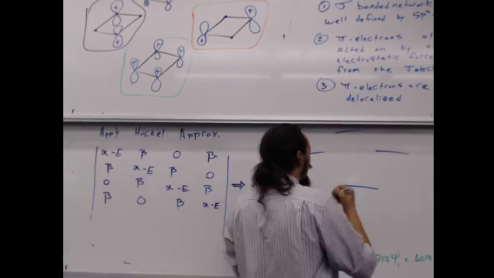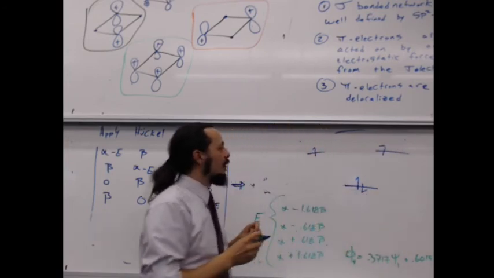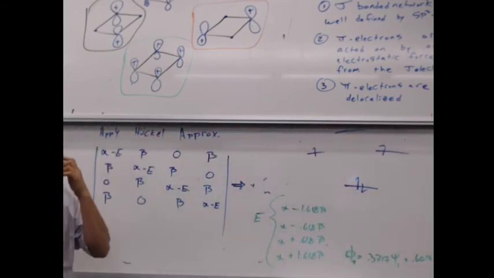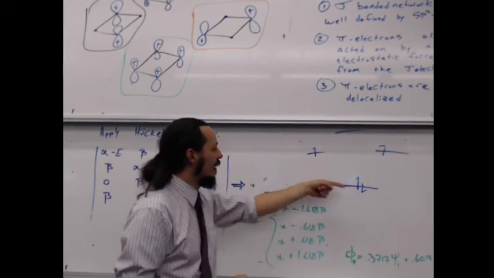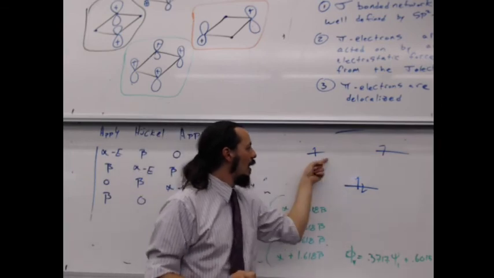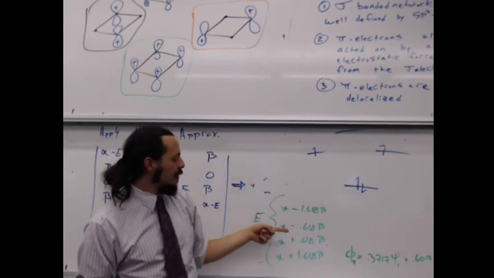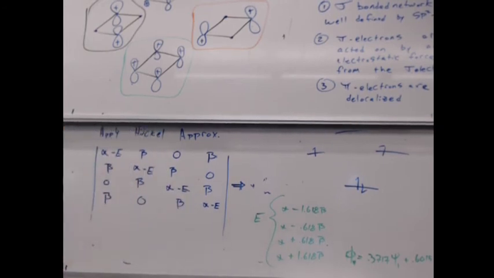I'm going to end up with 4 electrons in it, 1 pi electron from each carbon. And then I can calculate how much energy is in those by saying this is going to be 2 times that energy plus 1 of that energy plus 1 of that energy. So we can start thinking about this in terms of the energy of the molecule.